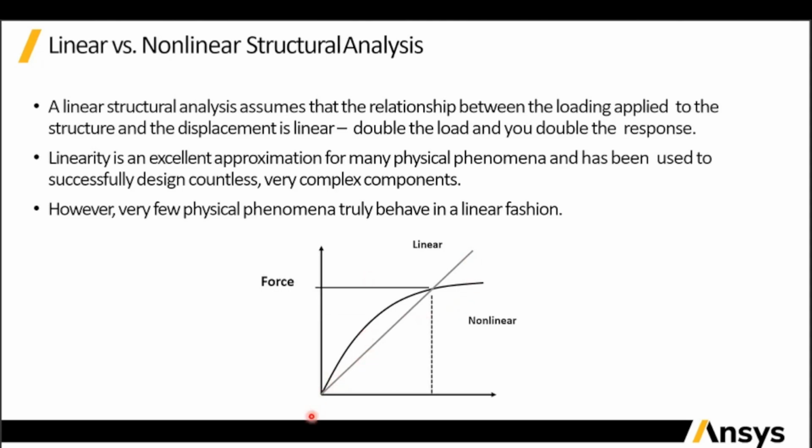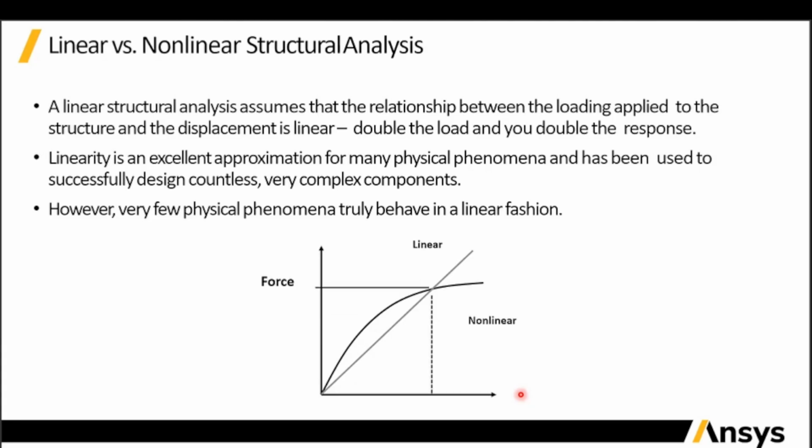You can see here a force versus displacement graph, and this straight line is the linear behavior of your structure. Force is directly proportional to displacement. This is called a linear structural analysis. Linearity is an excellent approximation for many physical phenomena, and it has been used to successfully design countless very complex components.